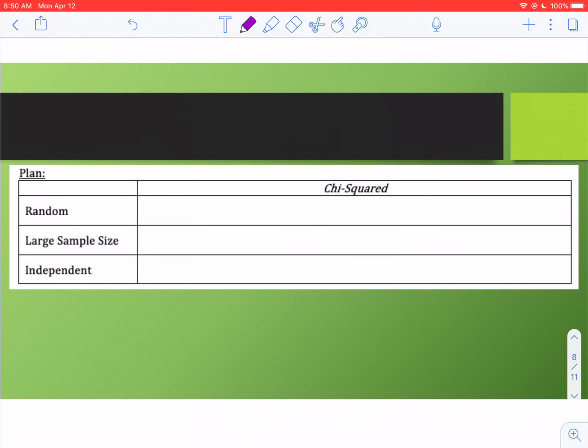So the conditions checks are pretty easy on here. This was a random assignment. So notice that this was actually an experiment. So they randomly assigned treatments. So the music was the treatments.